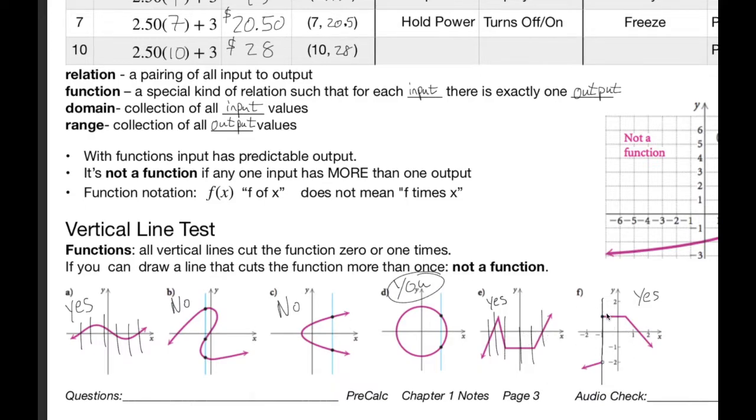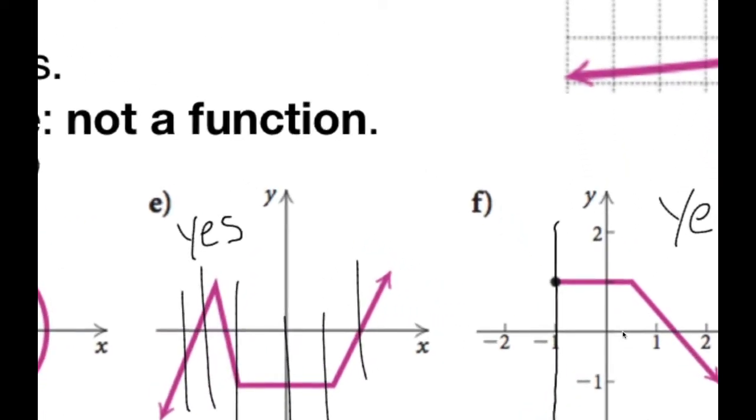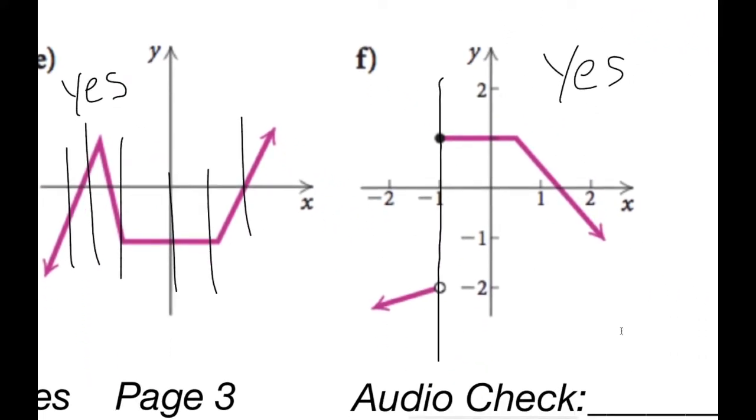And here, this is a strange looking graph, and maybe I'll zoom in a little bit, but you can see that if I drew straight vertical lines here, we cut it only once, and even right here, very carefully at -1, I'm going to draw a vertical line, and it's going to go through the function here and not here, because this is an open dot. It's not including this.